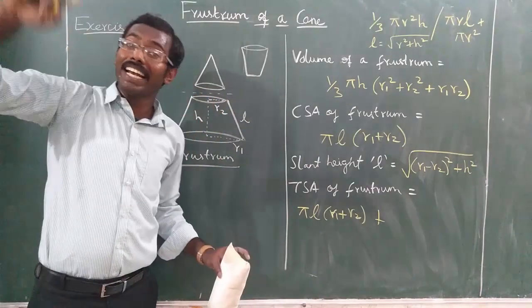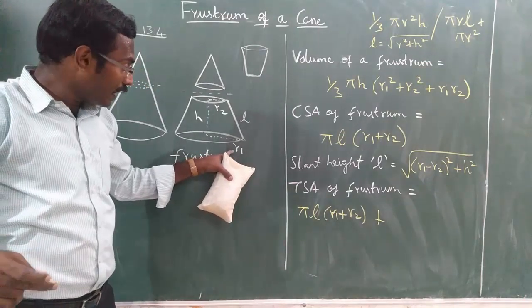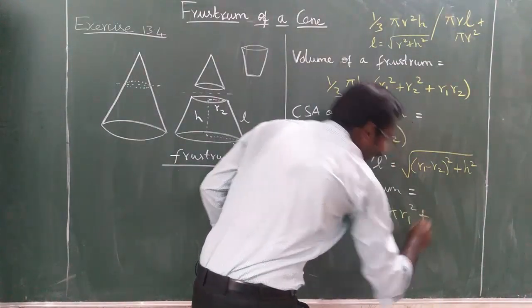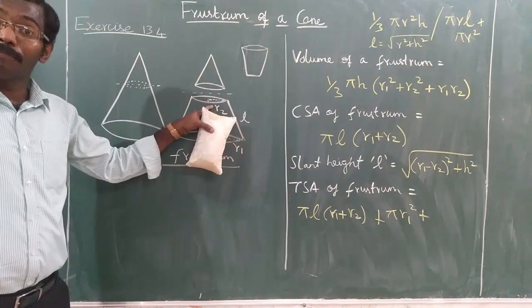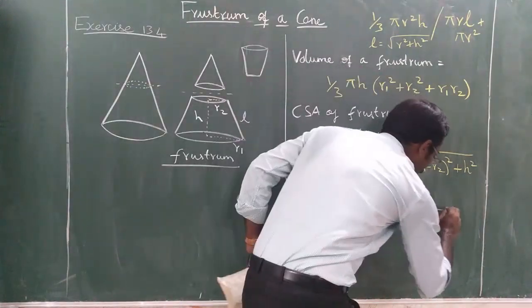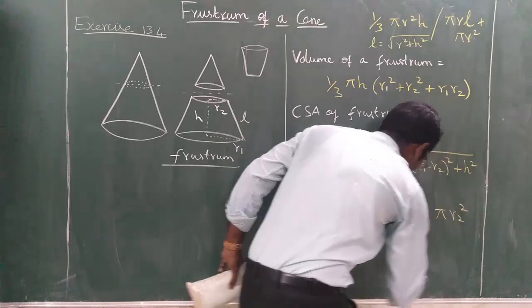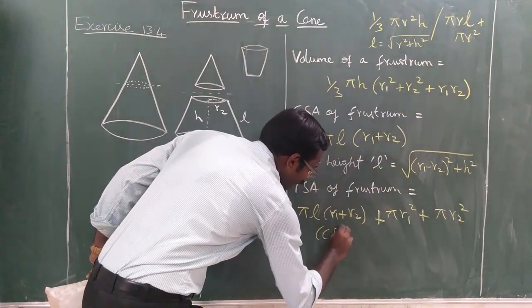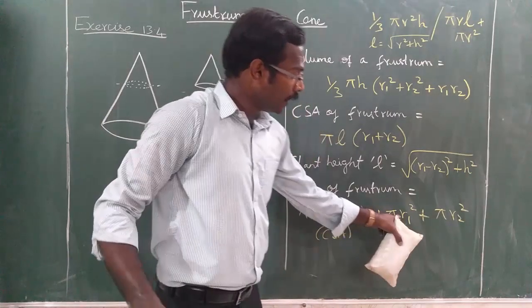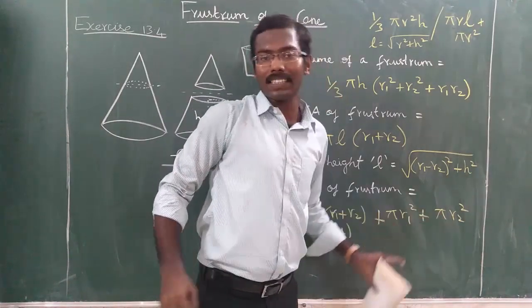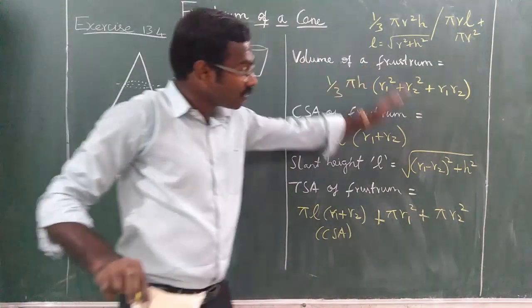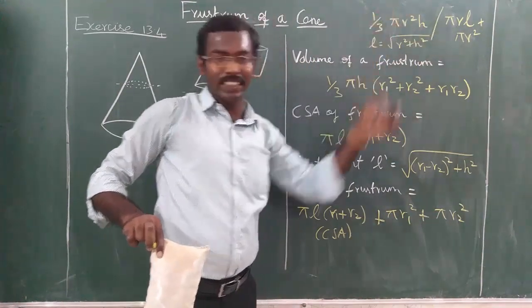The circle's area is pi r square, so pi r1 square plus pi r2 square. That's it. So this is the curved surface area plus bigger circle area plus smaller circle area. That is why I told you, if you compare this with the formula of the cone, it will be easy to remember.